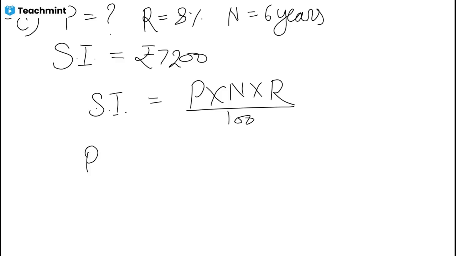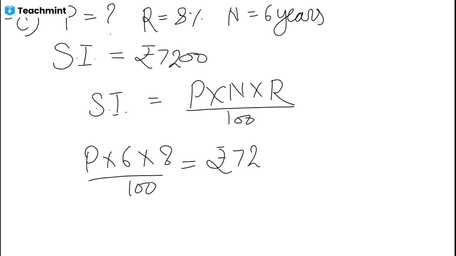P is unknown, N is 6, R is 8 over 100, is equal to SI, rupees 7,200. So let us find the unknown value. You remember the equation rule? Because of cross multiplication, we will cross multiply this 100 to this amount. Do you remember that? In junior classes we have done this.